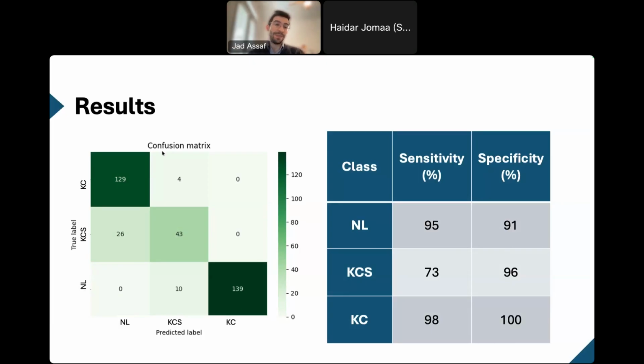So the index was highly sensitive and specific for keratoconus as well as normal cases, and understandably less accurate in keratoconus suspects because we don't have a standard way of diagnosing these patients.